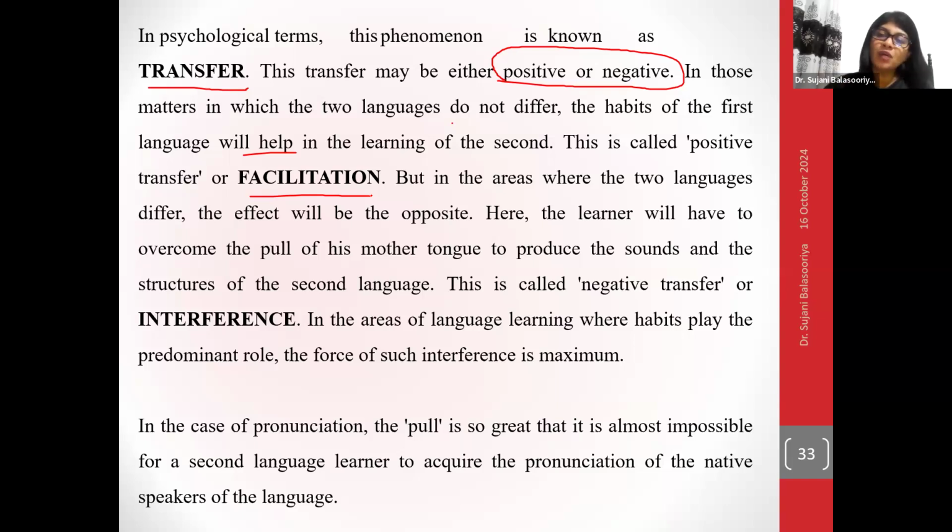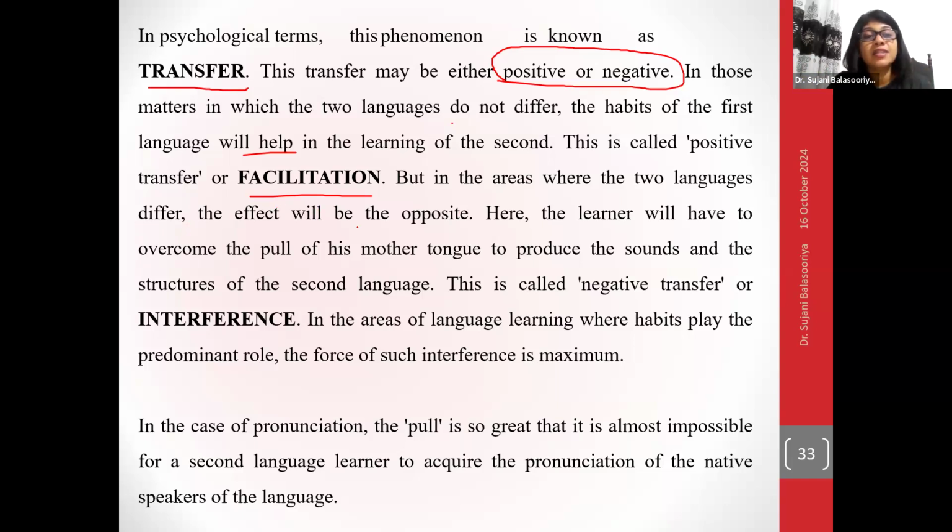And on which grounds does positive transfer happen? When both languages, mother tongue and the second language, are more or less similar in their structures. But in the areas where the two languages differ, what about the opposite of this situation?